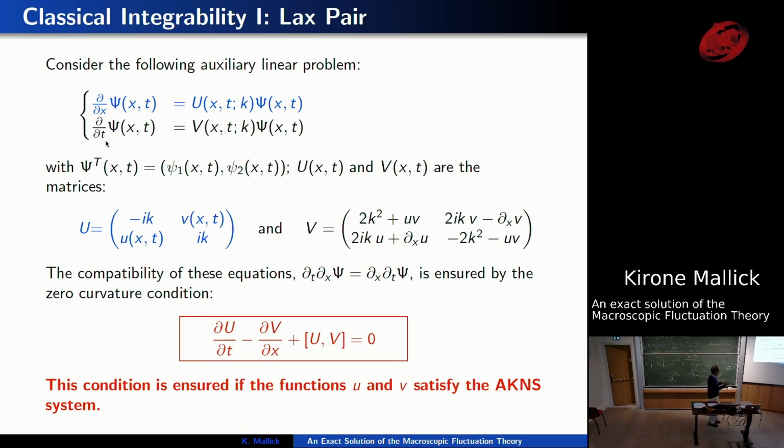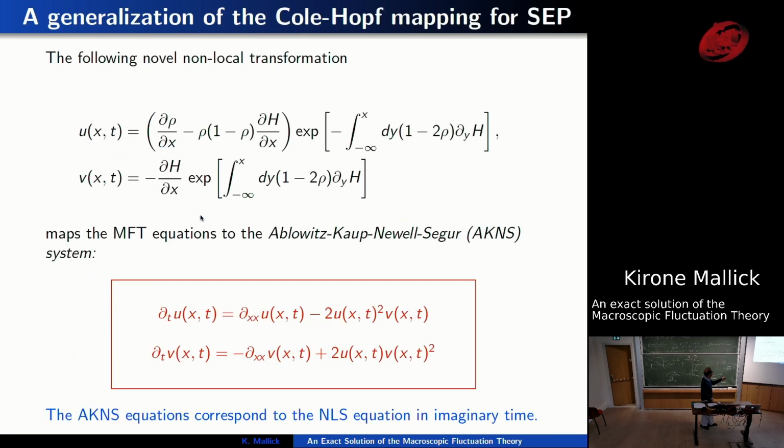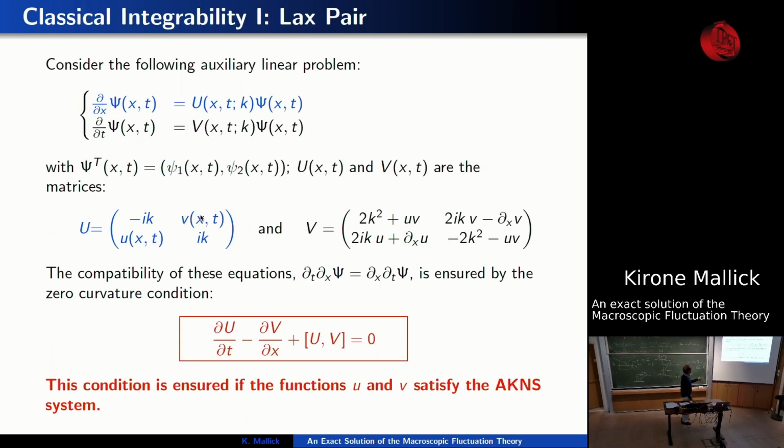And if you do the calculation with this linear system, by a simple calculation, you see that the compatibility between these two equations is precisely given if U and V satisfy the AKNS system. So the AKNS system can be rewritten as the compatibility equations between two linear Dirac-type scattering problems.